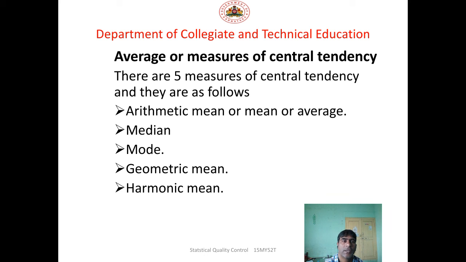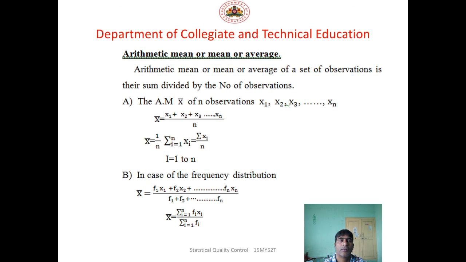So here we will see first the arithmetic mean. What is this arithmetic mean? Arithmetic mean, or mean or average, is the average of a set of observations, in which we take the sum and divide by the number of observations.